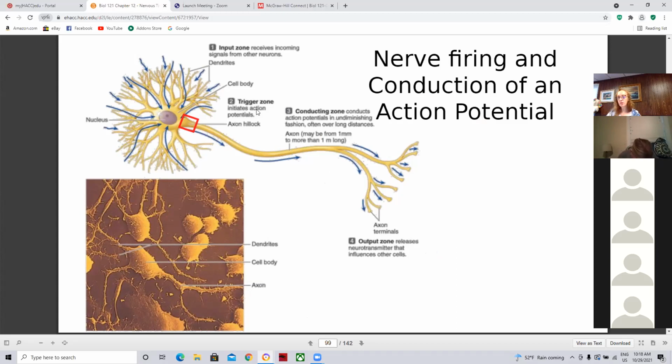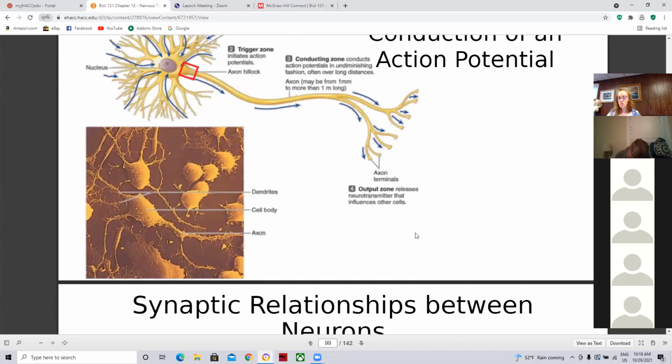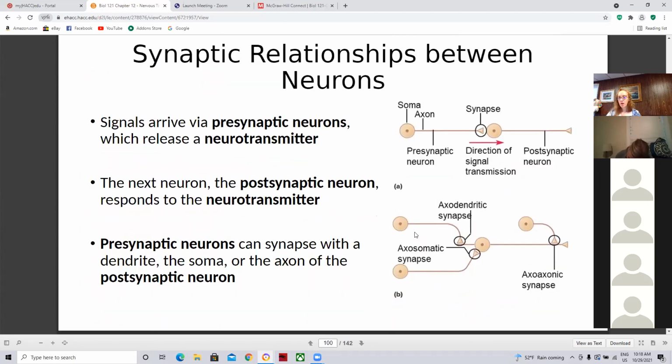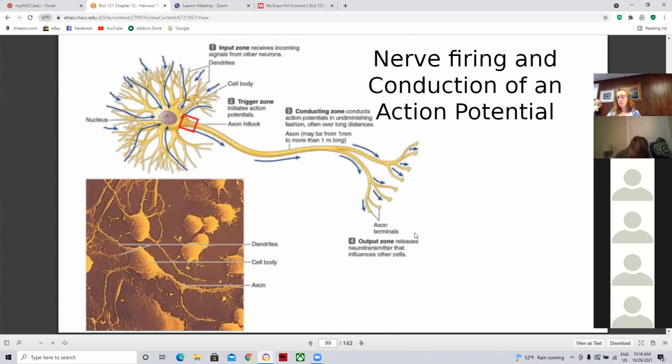So input, trigger to initiate the action potential, self-propagation of the action potential, then releasing neurotransmitter that's going to influence whether action potentials are produced in the next set of cells. Any questions?